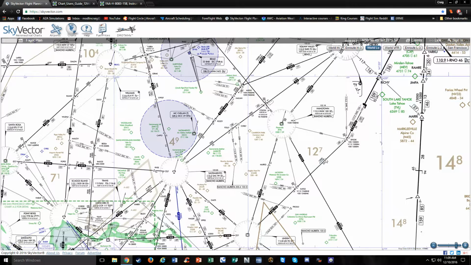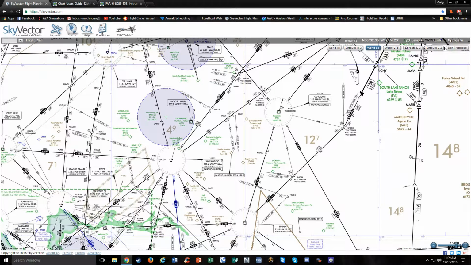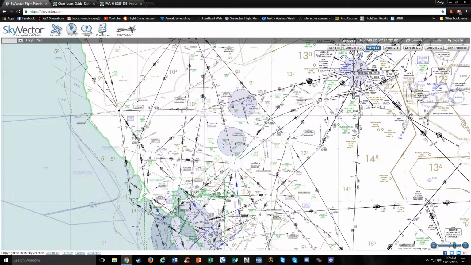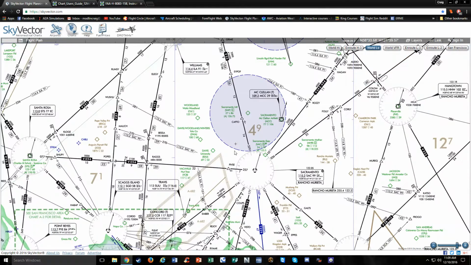And it's calculated the same way as the MEF, the maximum elevation figure, where it gives you a couple hundred feet terrain clearance above the highest point in that square here, this latitude-longitude square. But in this case, they calculate that, and then they give you an additional 1,000 feet for non-mountainous areas, or an additional 2,000 feet for mountainous areas. So you'll see these numbers a little bit higher than your MEFs.